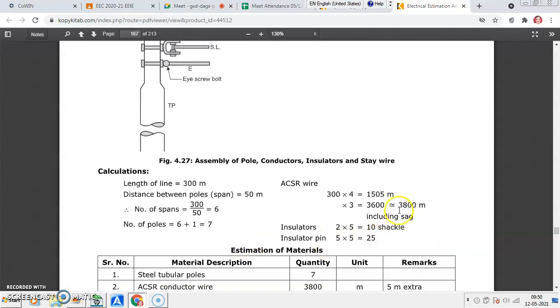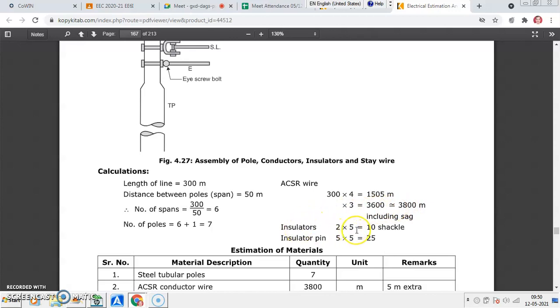Then you can have the sag. If you consider the sag, then you have to add 100 or 200 meters. So that you can do. So you can calculate the length of conductor.